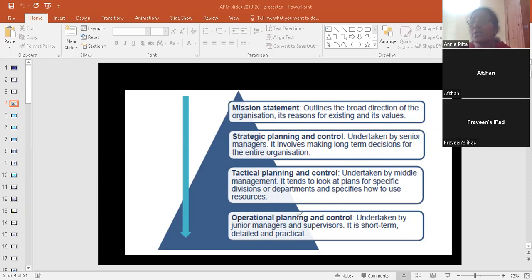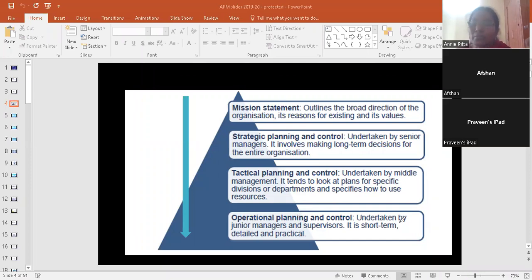They would not be involving a department, division, or the organization, but planning useful day to day, for a very short period of time, is taken up by the operational level, undertaken by junior managers and supervisors. It is short term, detailed, and practical.